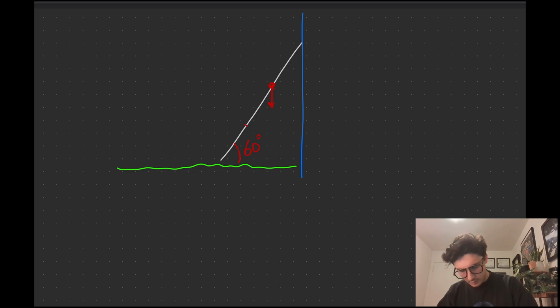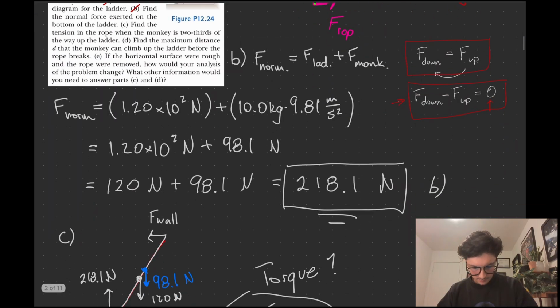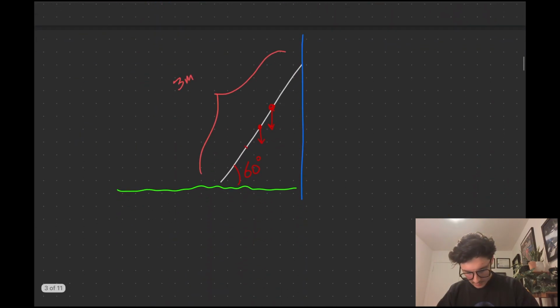The mass of the ladder is at the center of mass, which is right in the middle. So if the ladder is 3 meters, wait, is it 3 meters? Yeah. Then half of it is going to be 1.5 meters, and 2/3 of it is going to be 2 meters.